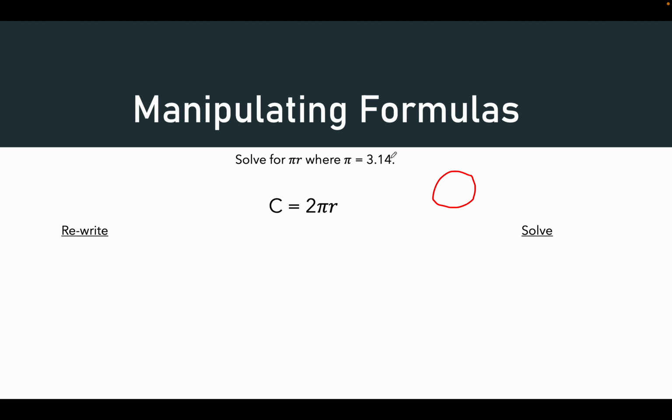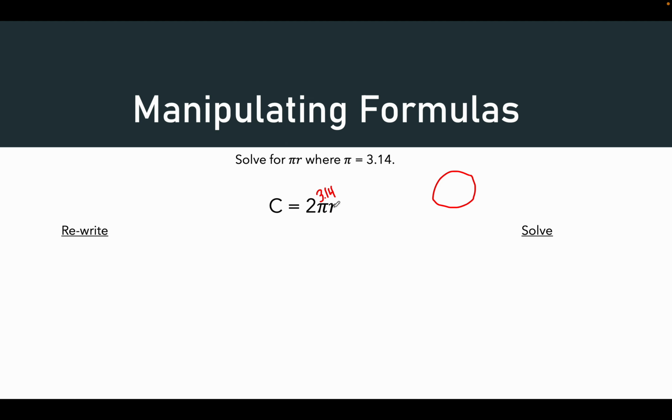This number I can plop in here. Oftentimes it'll get rounded to 3.14. So if I say 3.14 here, can I solve this so that circumference equals r? So I'm finding out what r equals.